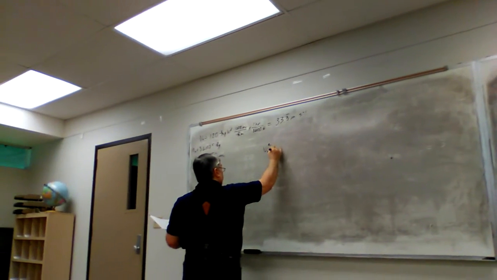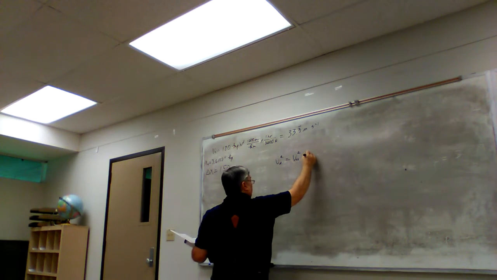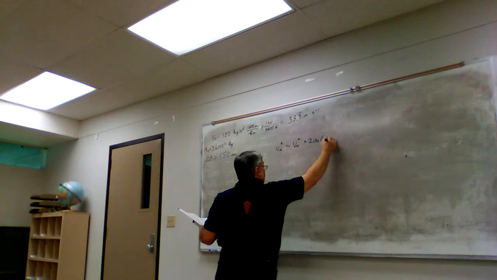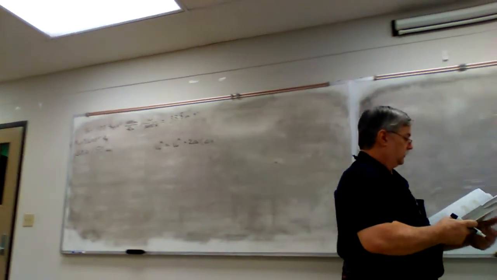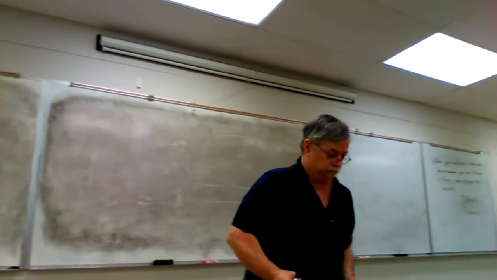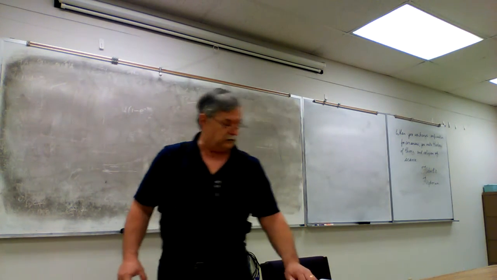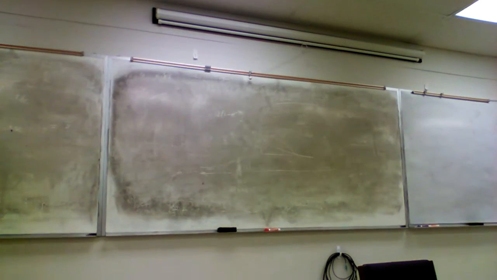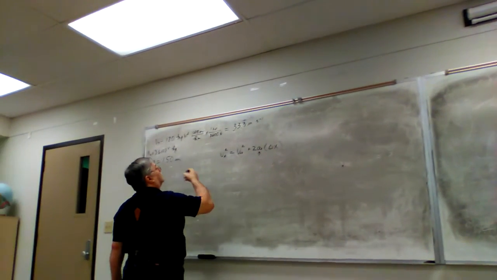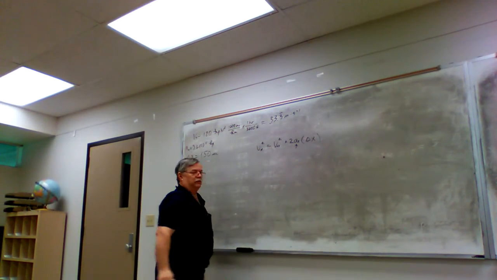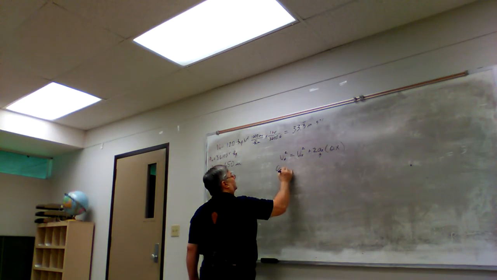v sub x squared is equal to v sub naught x squared plus 2 a sub x delta x, which is probably written as x minus x sub naught in your book. The only thing we don't know is the acceleration; we know delta x. We know the final velocity needs to be 0 meters squared per second squared.